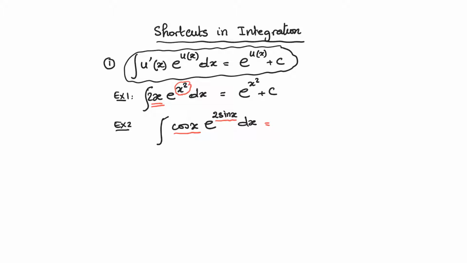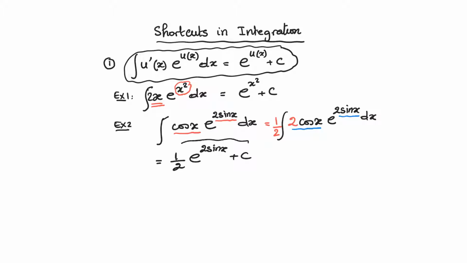So in this case, we will multiply by 2 and divide by 2, like this. So put a half, and then put the rest of the expression, 2 cosine x e to the 2 sine x dx. And now the derivative of this function is exactly this one. So the answer will be half of e to the 2 sine x plus a constant, like this.